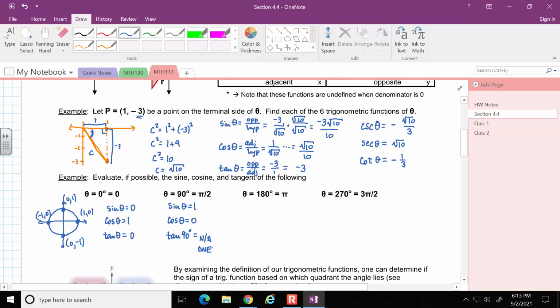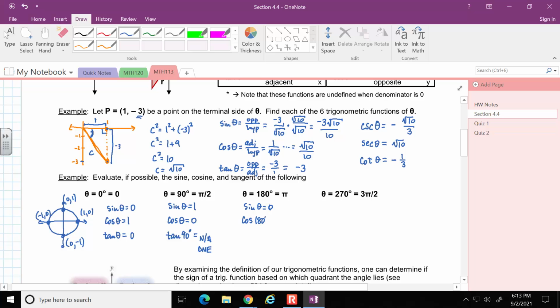Okay. So you could keep going down there. Obviously 180, the sine is the y-coordinate, so it's 0.